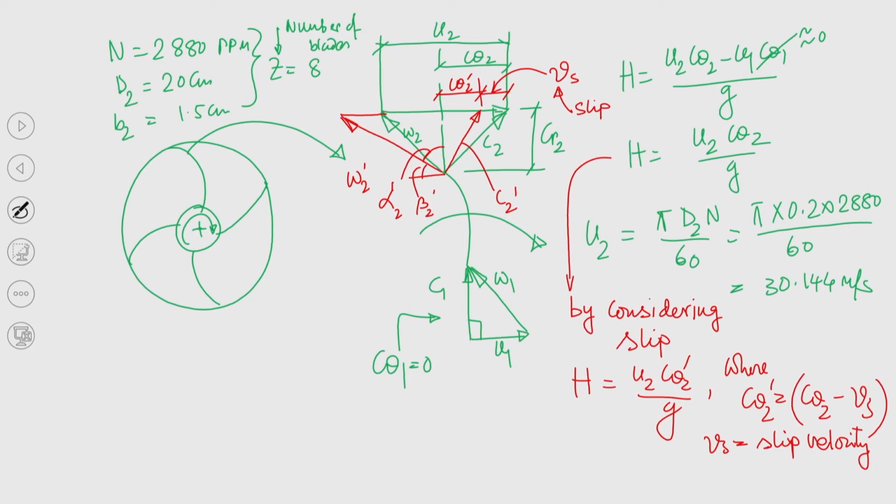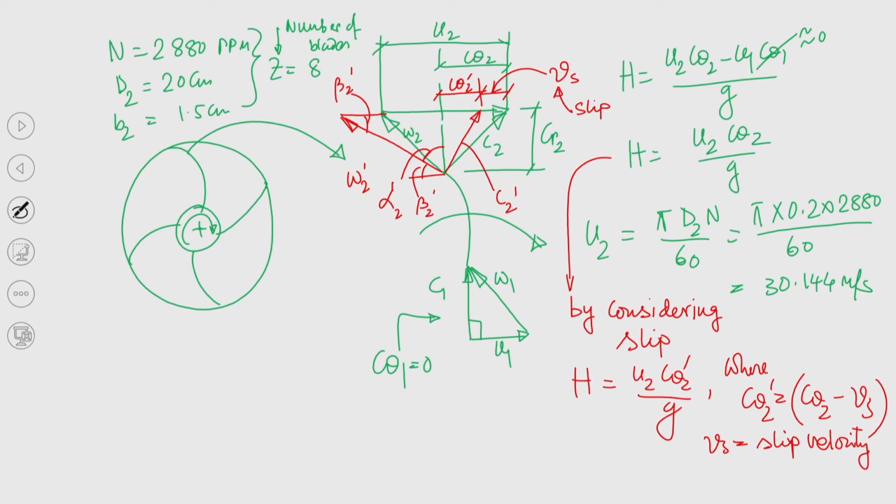So, that is nothing but 90 minus alpha 2, right. So, this alpha 2 is given as 60 degree from the problem statement. Now, this is beta 2 because this is also beta 2 prime, right.